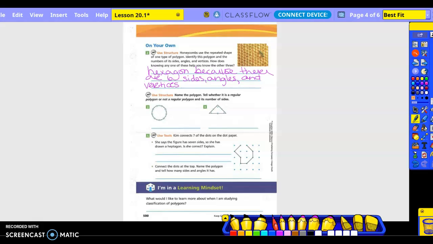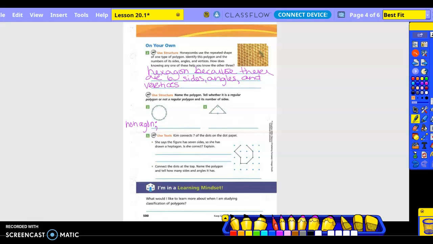In the polygon, tell whether it is a regular polygon or not a regular polygon. Okay, so what's that first one? How many sides does it have? 9, right? So it's a nonagon. Then is it regular or not regular? Regular. And why is it regular?